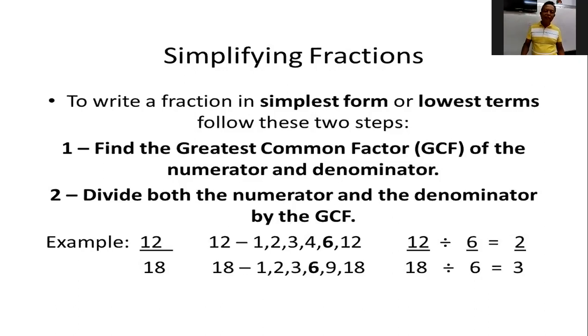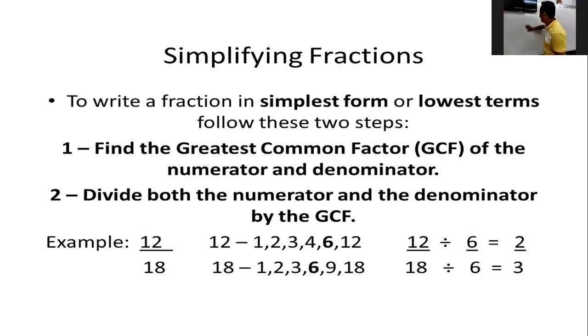So when you have a fraction, let's read first step 2. Divide both the numerator and the denominator. Okay, good. So for example, you have here 12 over 18. That's your fraction.